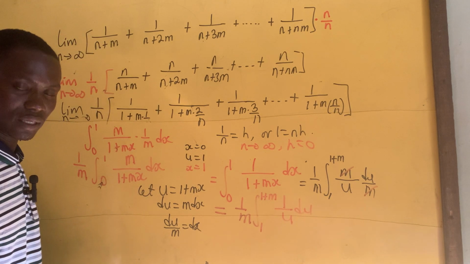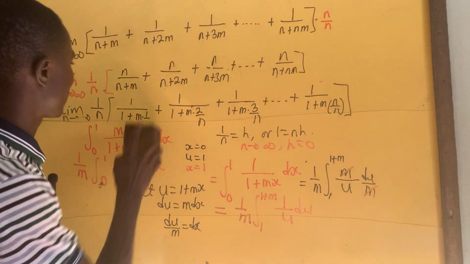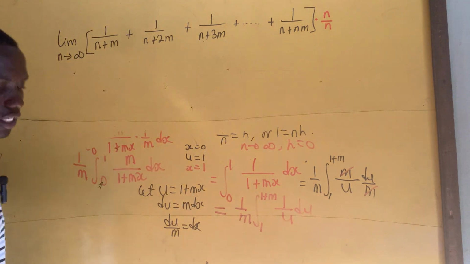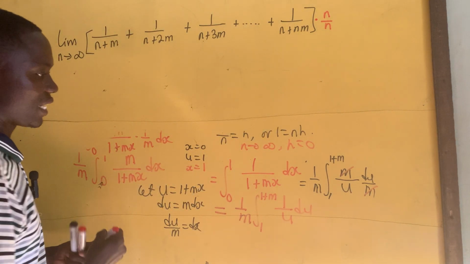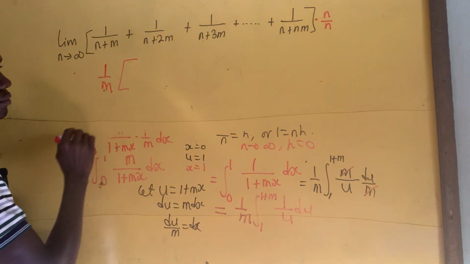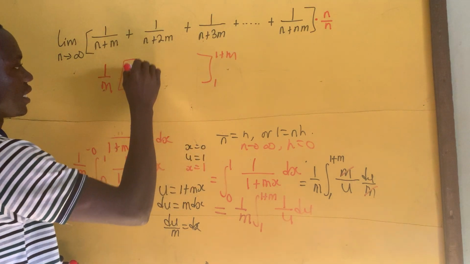If we integrate this, we get ln of u. So we write this as 1 on m, from 1 to 1 plus m, ln of u.